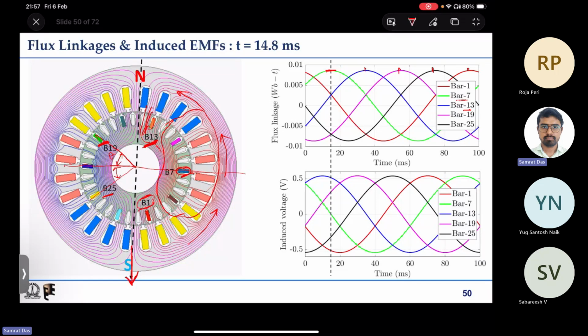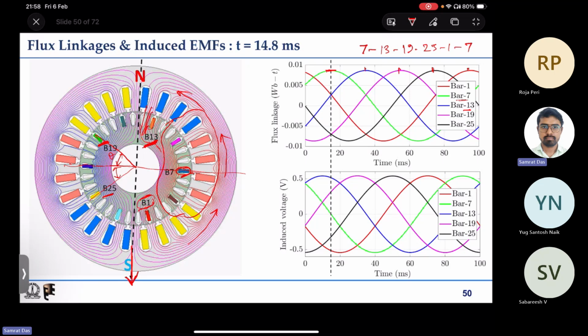So the sequence is 7, 13, 19, 25, 1, 7. This is the sequence of the flux linkage from leading to lagging. So this becomes a sequence.